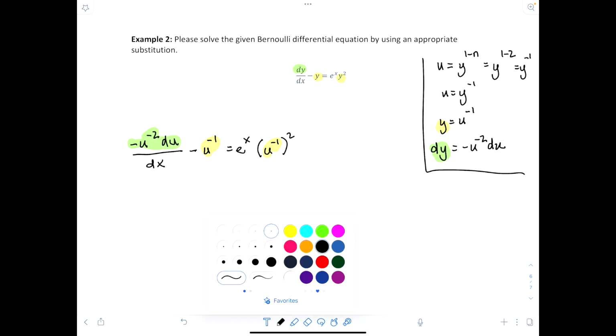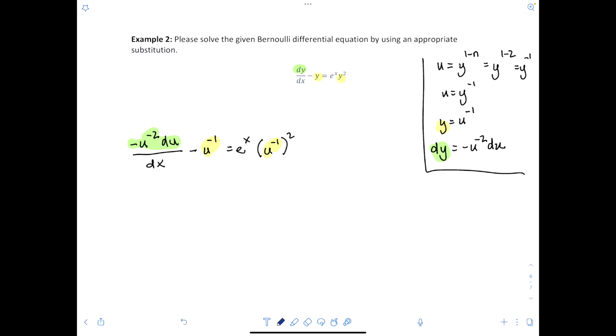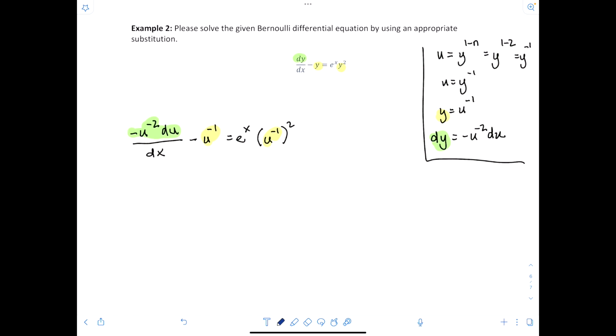All right, so now let's clear this up a bit. Now that we're done with our substitution, I'll go back to my favorite blue color. So here we go. Now the trick to this one is we need to get our integrating factor, right? So let's isolate our du dx.